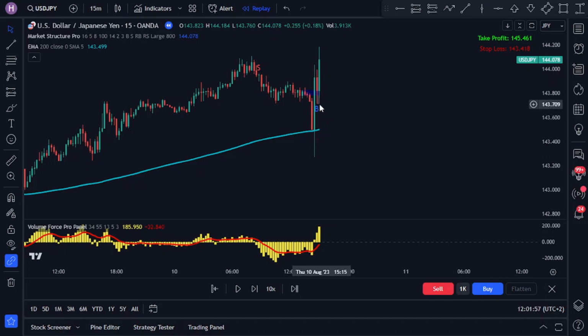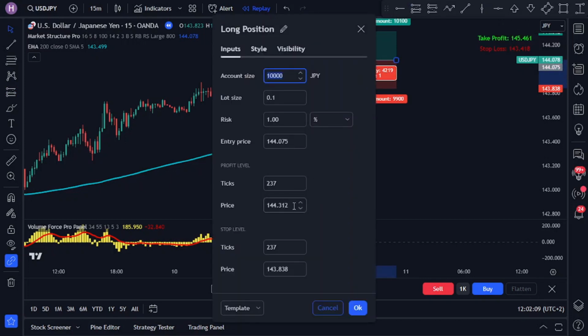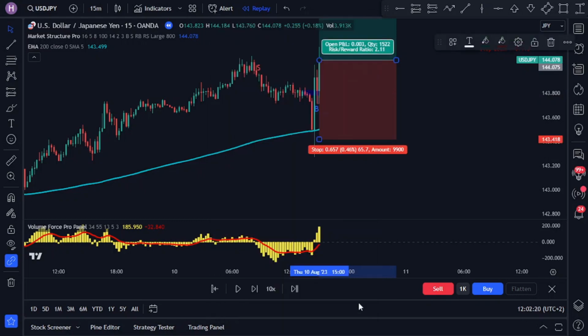Lastly, we need to have a histogram on the Volume Force Pro above the zero line, and it also needs to be located above the average line. Once all of these criteria are in place, we can enter our buy trade. And for the buy trade example, I will use the levels provided by the indicator, which are shown on the right-hand side of the chart.